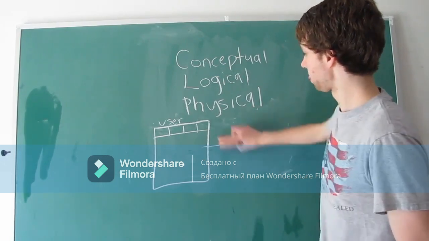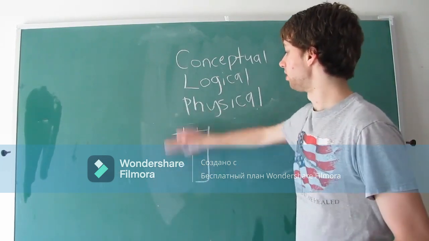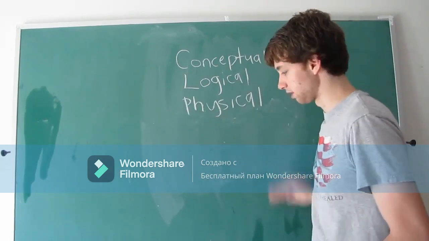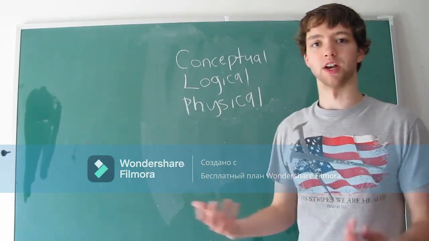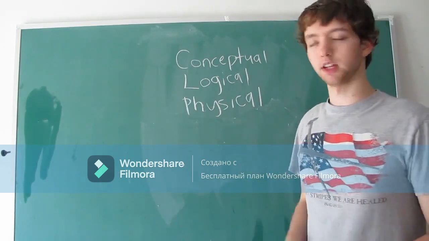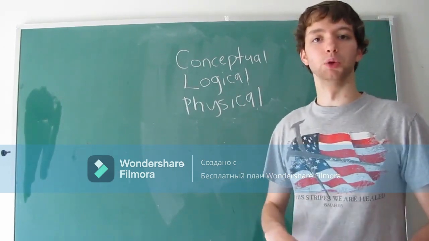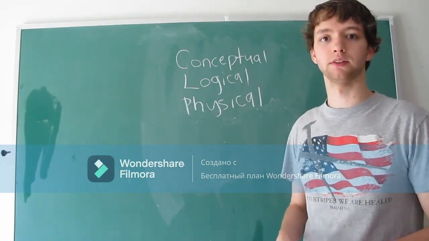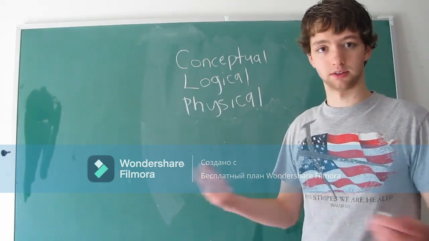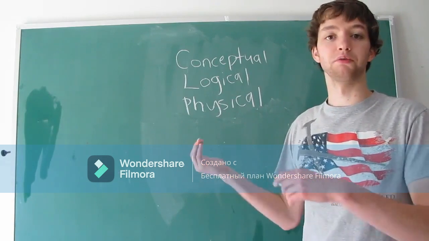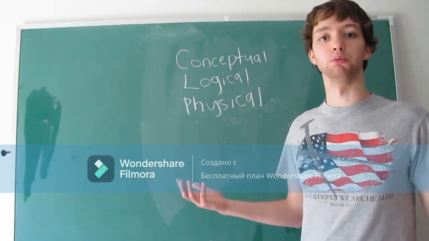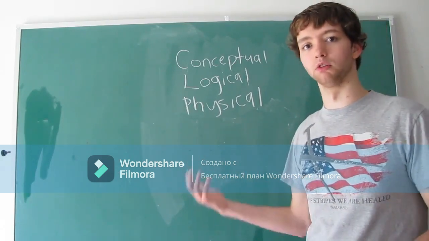The physical, that is when we start actually implementing that into a database. So when we're talking about just designing and we're not actually creating the database, the physical design would be figuring out what relational database management system will work best, what are our table types, what server are we going to store this on, how are people going to access this? Is it going to be over the internet?